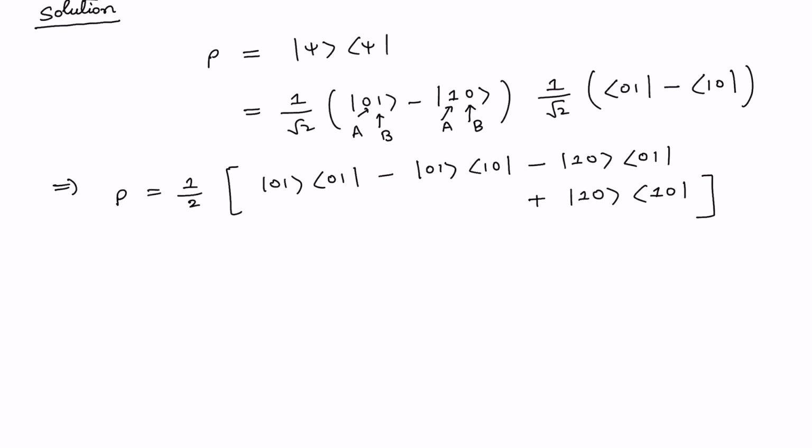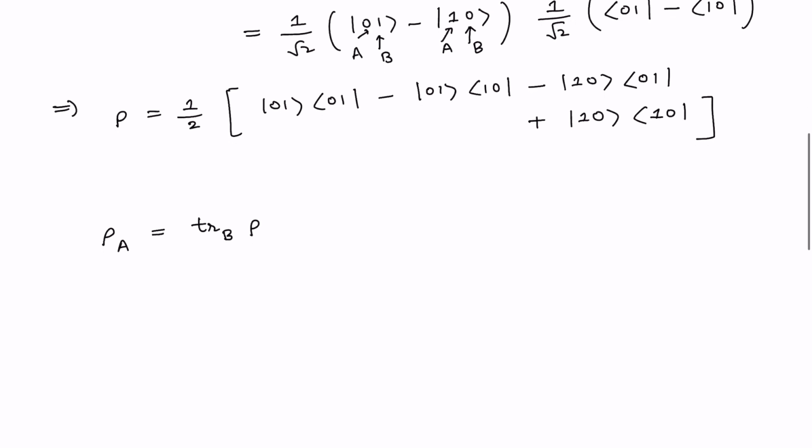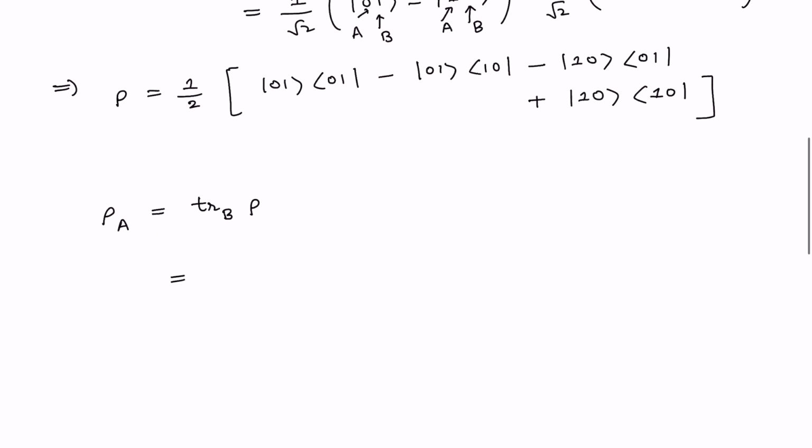Now to find the reduced density matrix of the system A, we need to trace out B. So rho A is going to be equal to the trace over B. If you trace out B, we take the trace over the subsystem B only.